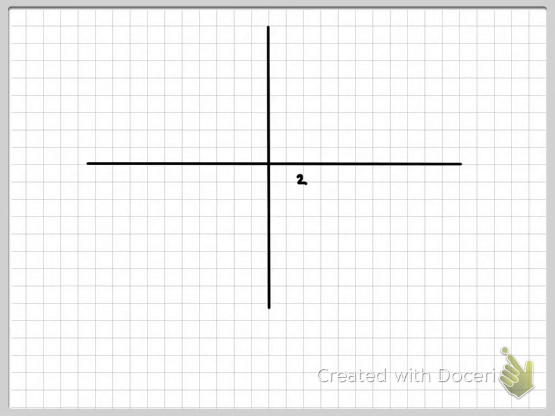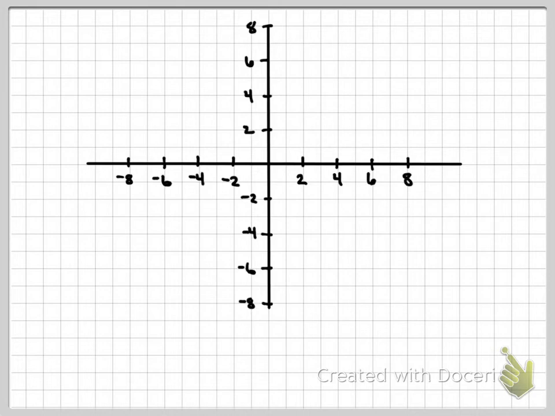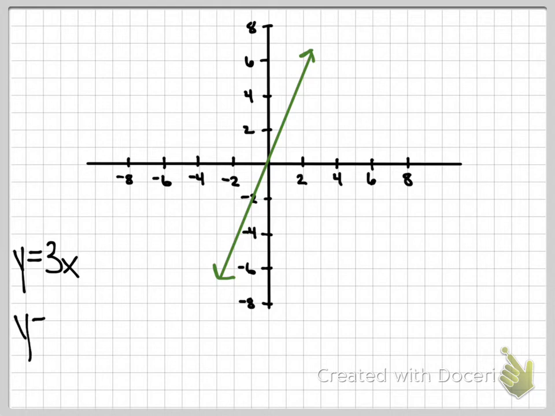What if I had, let's say, my line goes like this. So you're going to have to test it. Here are your options: it's either y equals 3x or y equals 1/2 x.